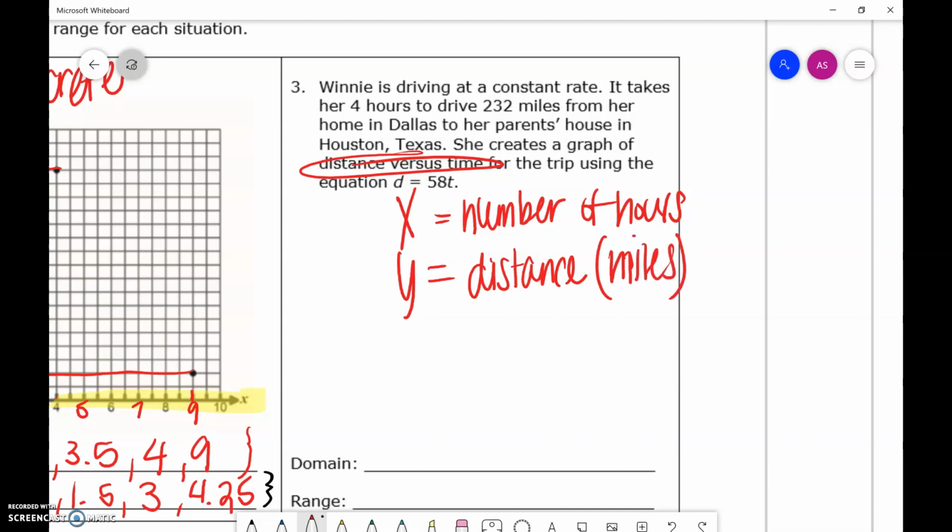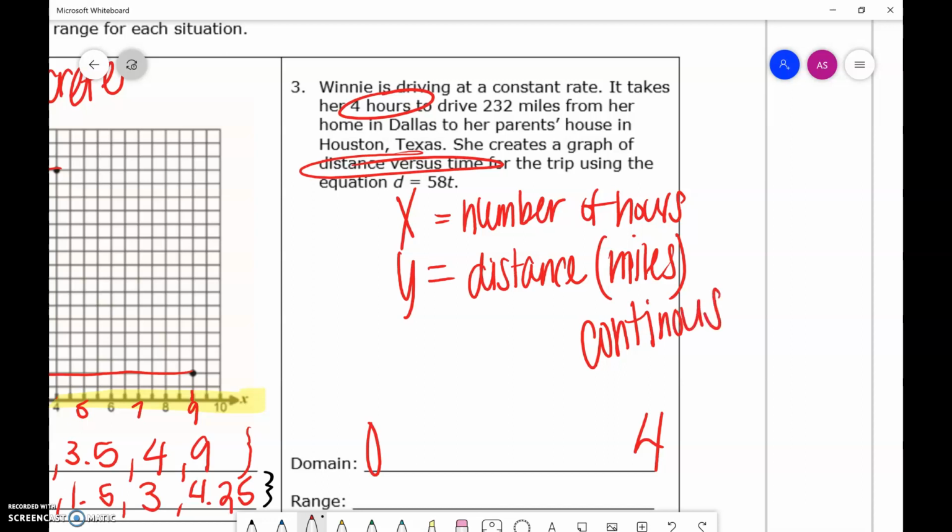So we know that this trip takes her 4 hours, so that's going to be our maximum. Time always starts at 0, so we're going to have 0. Now, in order to finish writing out my domain, I need to know, is this continuous or discrete? Remember, continuous we can measure, discrete we can't measure. We're talking about time, so time is always continuous.